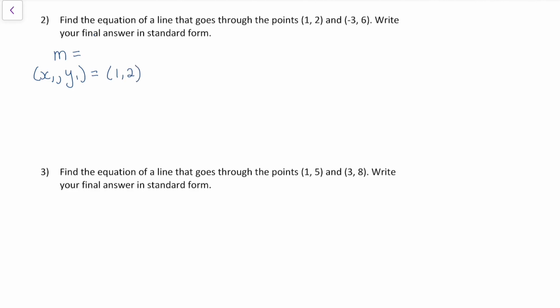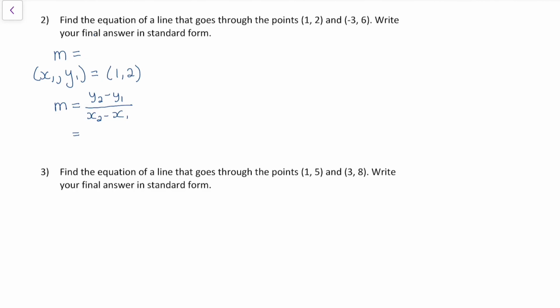And then I need to use those 2 points to find slope. And we have a formula for slope that says our slope, or the steepness of a line, is determined by the change in y, or y2 minus y1, divided by the change in x, or x2 minus x1. And so what I can do is subtract the y's.